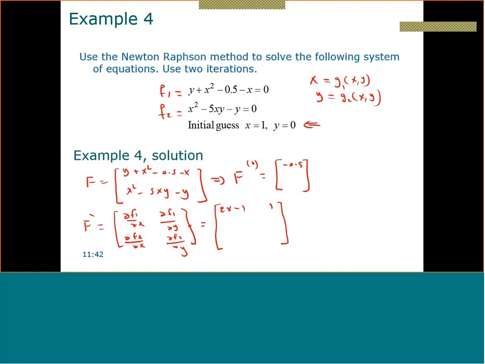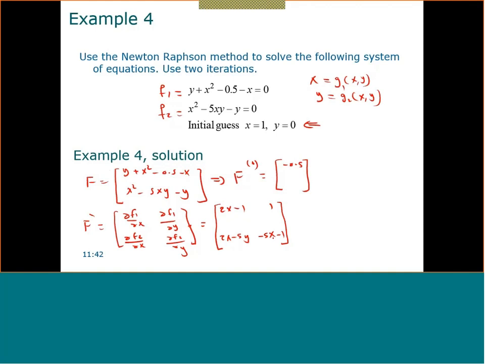It becomes equal to 2x. This is the first term. Here it becomes minus 5y, and the rest is 0. And finally, the partial derivative of f2 with respect to y. Again, this is 0. This becomes minus 5x, and then minus 1.